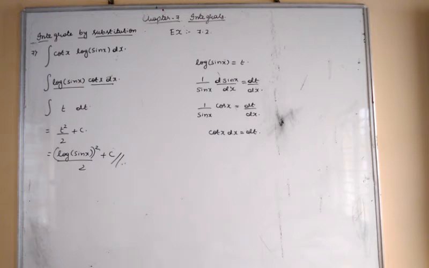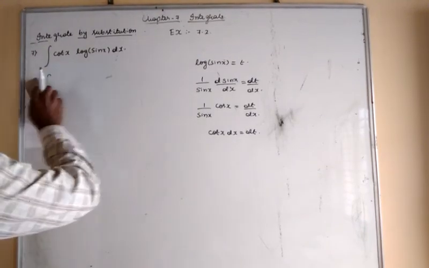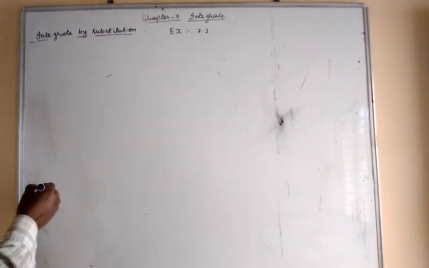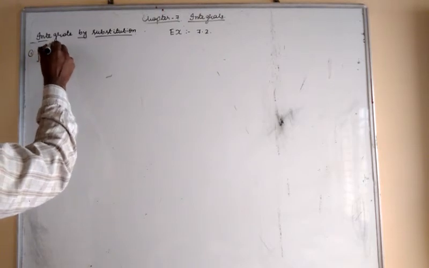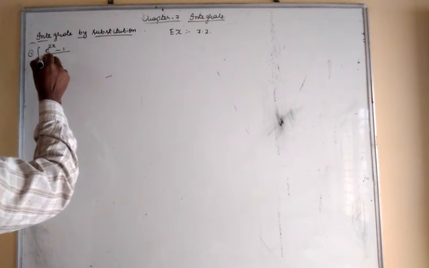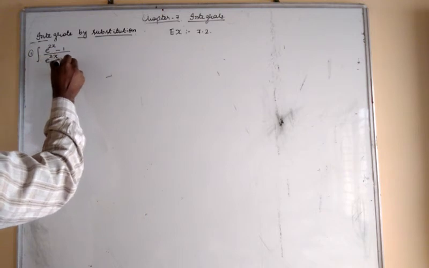Take down the assignment questions. First one, integration of (e to the power of 2x minus 1) by (e to the power of 2x plus 1).